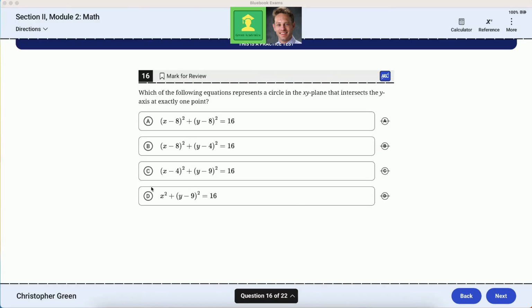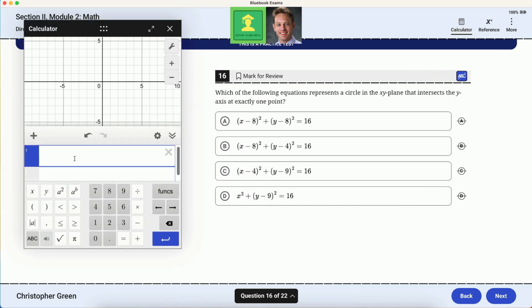Which of the following equations represents a circle in the xy plane that intersects the y-axis at exactly 1 point? Well, even if you weren't sure about the rules of circles in general, you could just graph these one at a time on Desmos. In fact, let's do that. Quantity x minus 8 squared plus quantity y minus 8 squared equals 16.